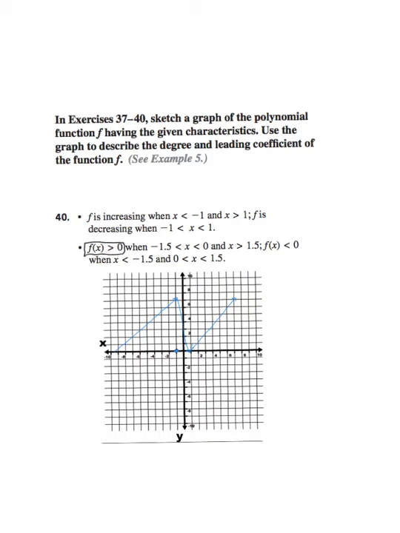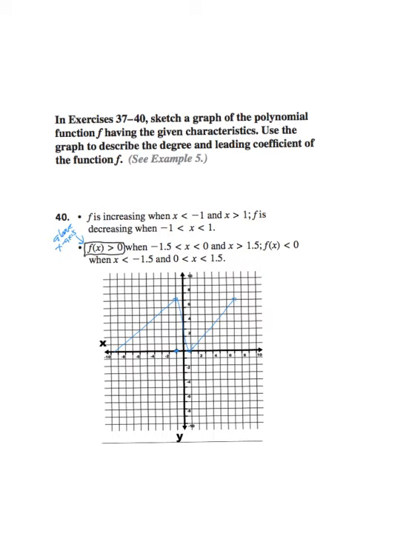The next piece of information they give us is when this function is below the x-axis and when it is above the x-axis. This is telling us when it is above the x-axis. That's between -1.5 and 0, which is a very, very small portion of the graph.